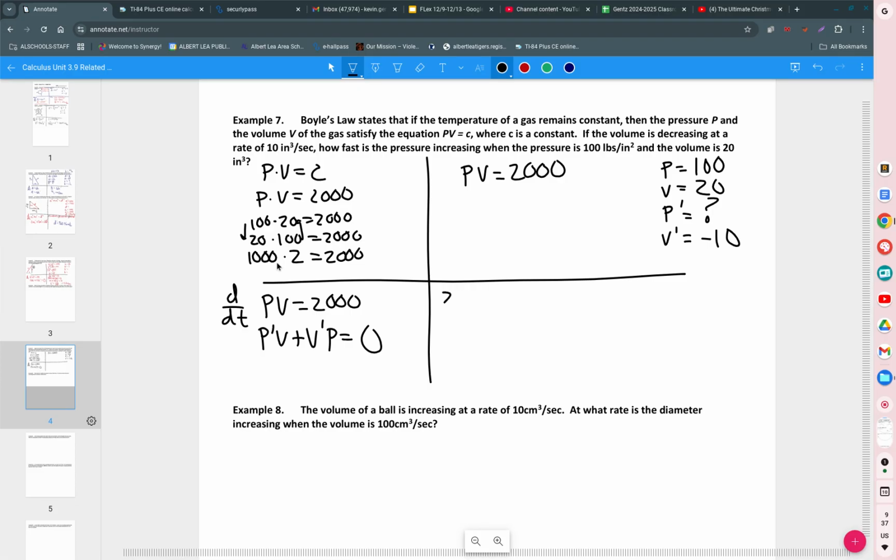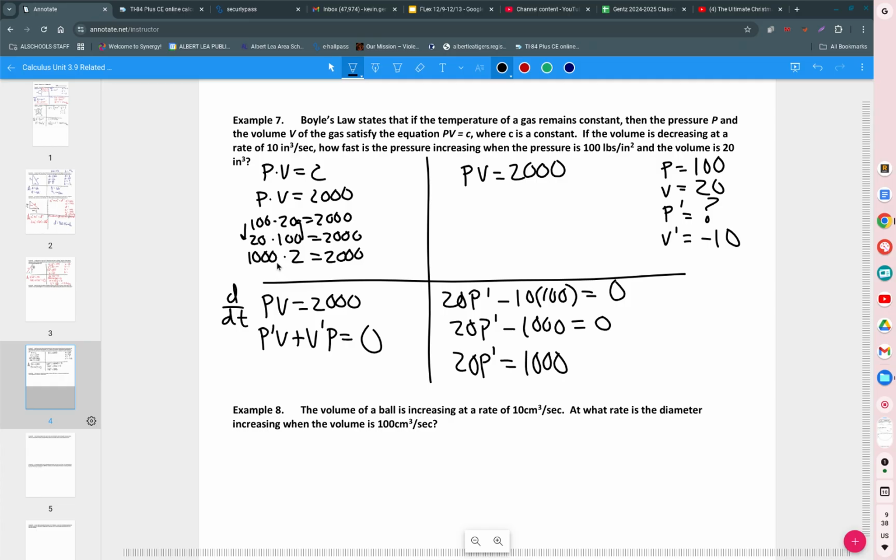So we have 20 P prime, and then V prime is negative 10, so minus 10 times 100 is equal to 0. Or 20 P prime minus 1,000 is equal to 0. 20 P prime is equal to 1,000.